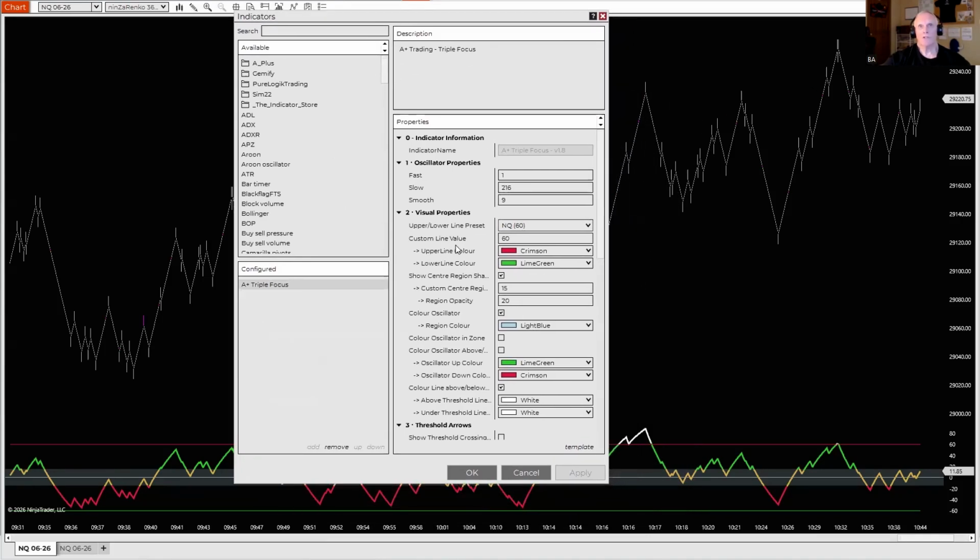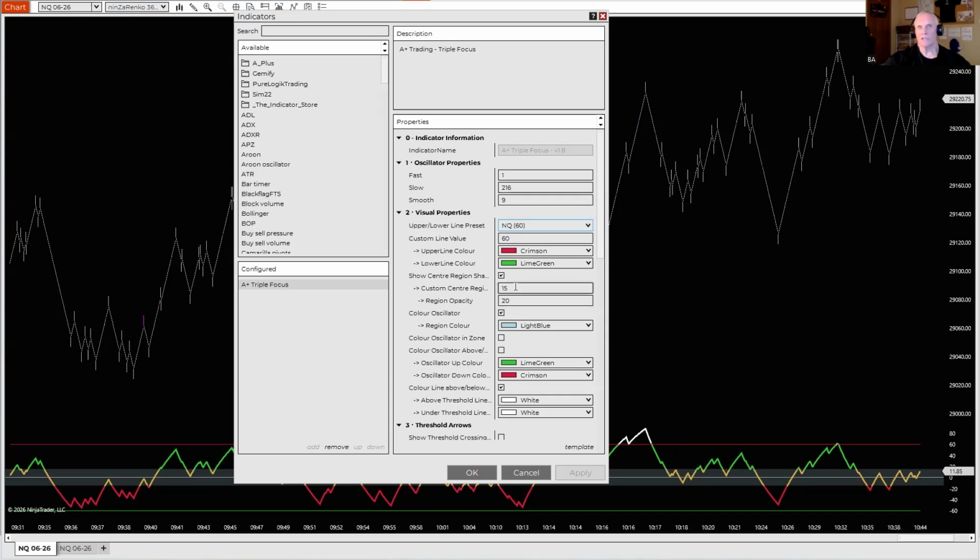So the triple focus: 1, 2, 16, and 9. That's the properties. I've done research on other markets and have these custom threshold levels for these other markets that work. But the NQ is preset. My custom centerline region and opacity are set right there.